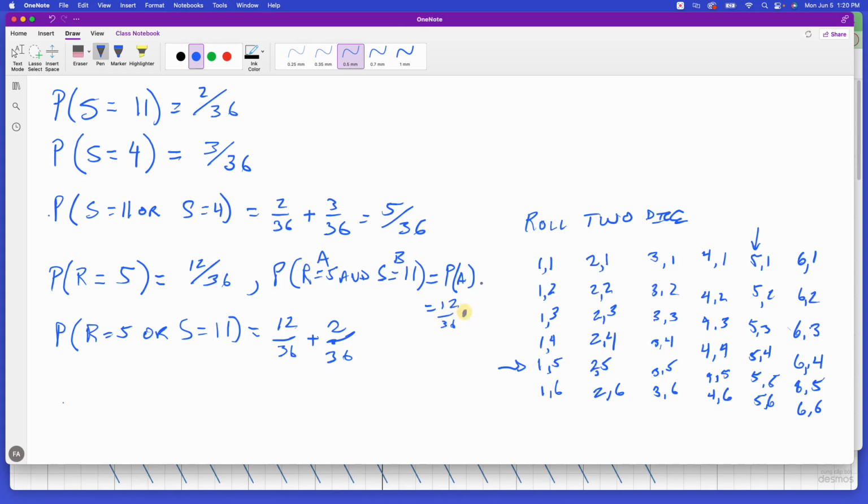Then we multiply by the probability of B, getting a sum of 11, which was 2 out of 36, which gives us 24 divided by 36 squared. I won't do that multiplication in my head, but that's what we'd have to subtract off.